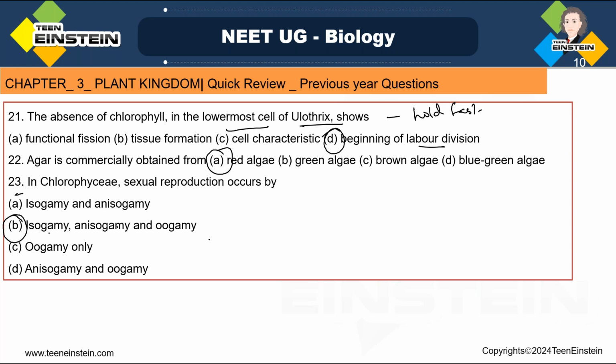In Chlorophyceae, sexual reproduction takes place by all three processes: isogamy, anisogamy, and oogamy. Clear?